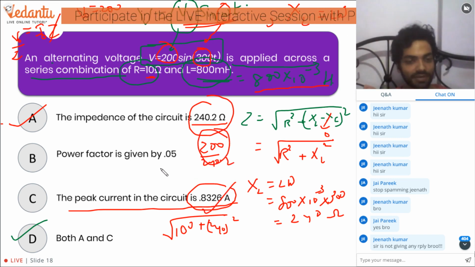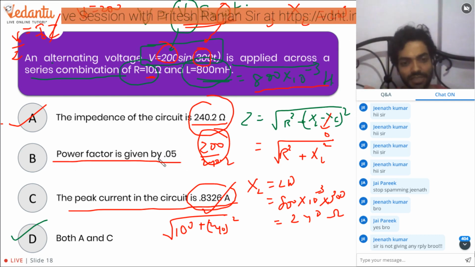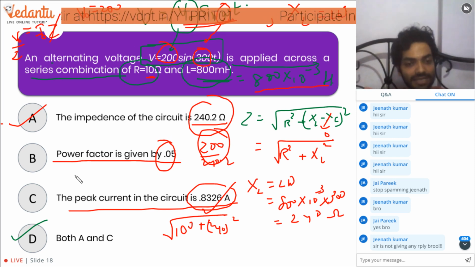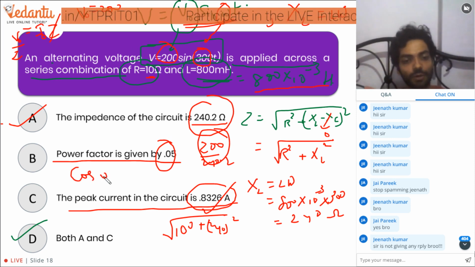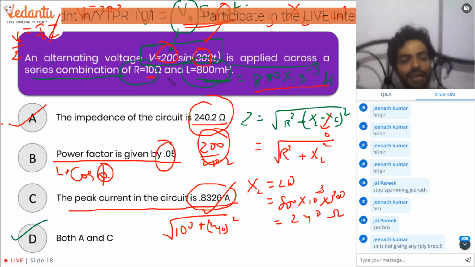0.8326 ampere. And this power factor, guys, this option is not correct, but let me just introduce what you mean by power factor. It is the value of cos phi. Cos phi is what we call power factor. So what is this phi? Phi is the phase angle or the phase difference by which the voltage or current is lagging or leading. So this is an LR circuit. Let me take you back to the phasor.